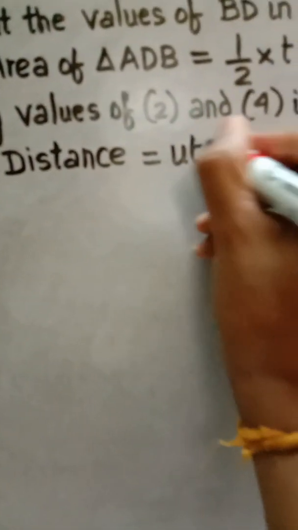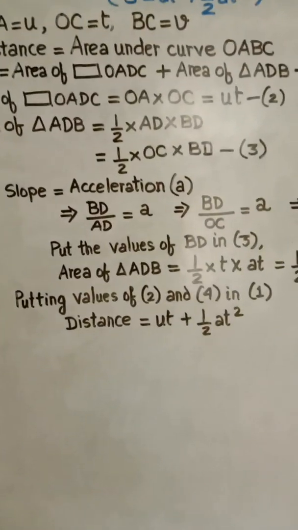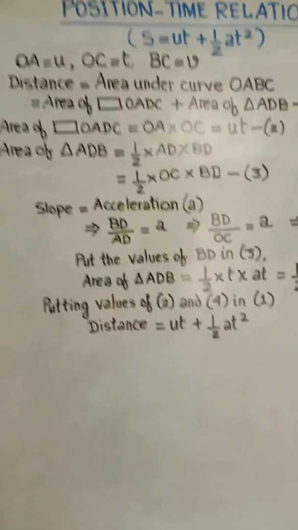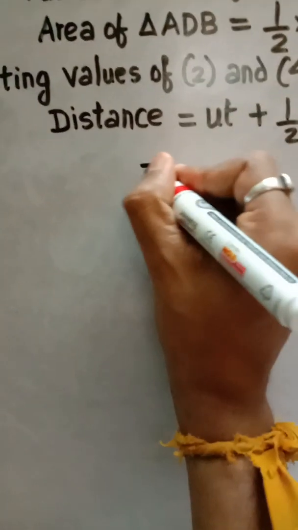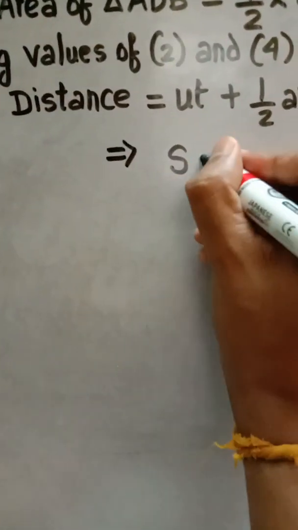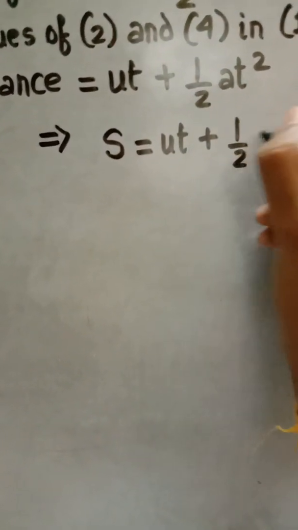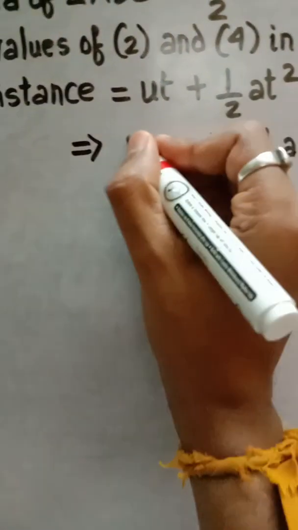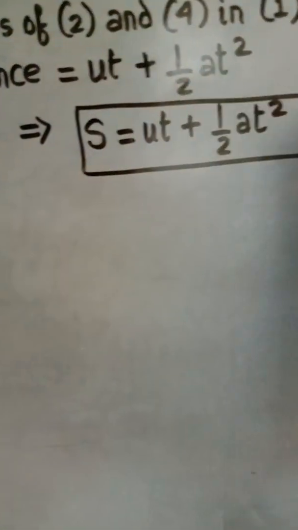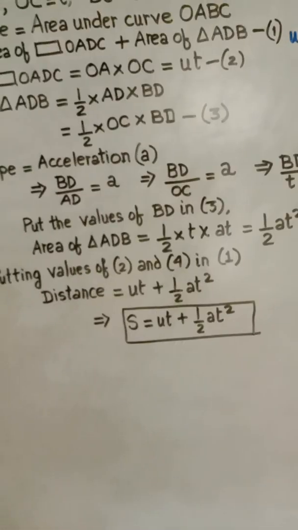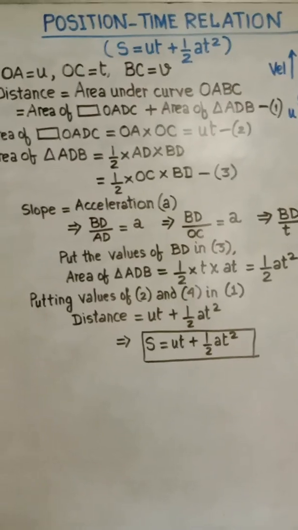Distance is equal to ut plus half at square. Now all of you are familiar with this. We represent distance as ut plus half at square. So this is your position time relationship.